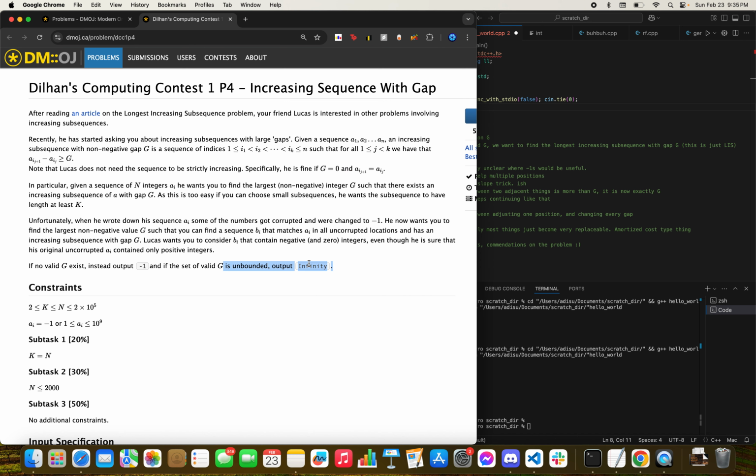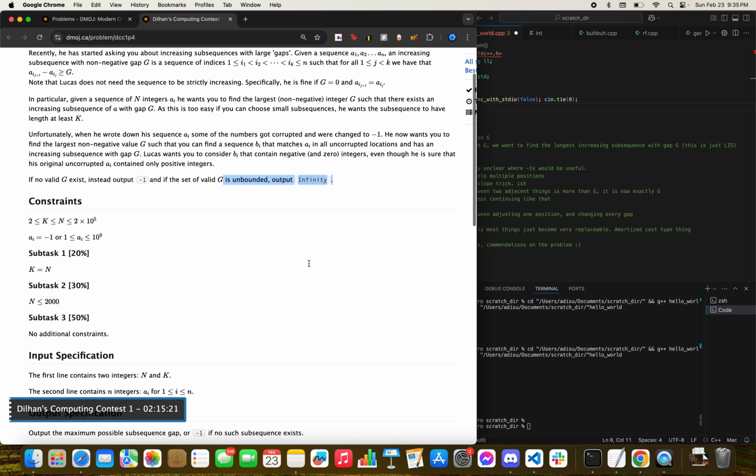Remember this infinity thing? How would that even work? How is it even possible? I feel like so long as there are two numbers in the thing, there can't be an infinite gap.